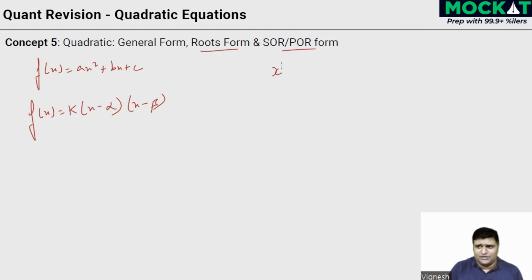But typically, we observe it from an equation form, right? When it comes to roots and all. If your equation is ax square plus bx plus c equals 0, and your roots form is going to be x minus alpha into x minus beta. If you're told that these are the roots, alpha and beta, x minus alpha into x minus beta equals 0 is the roots form of writing it.